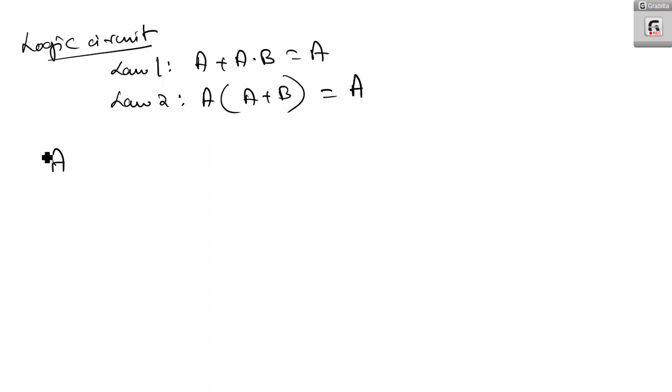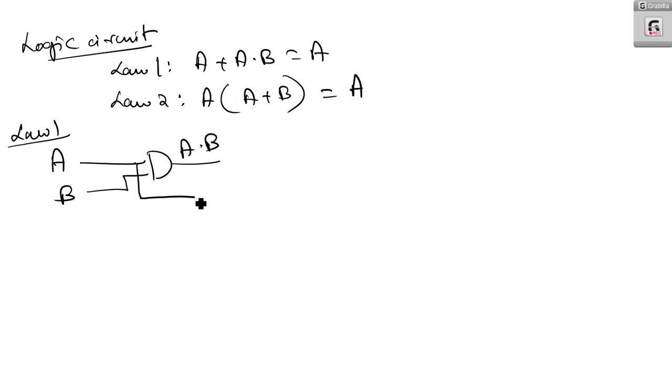For law 1, A and B, you will get A and B or A. A or A and B. So that is same as A itself.